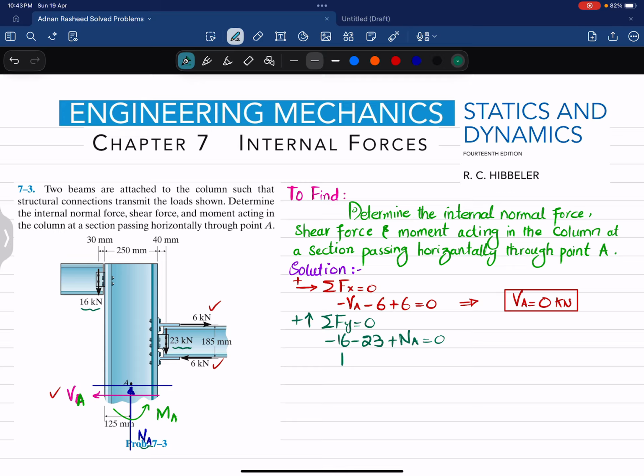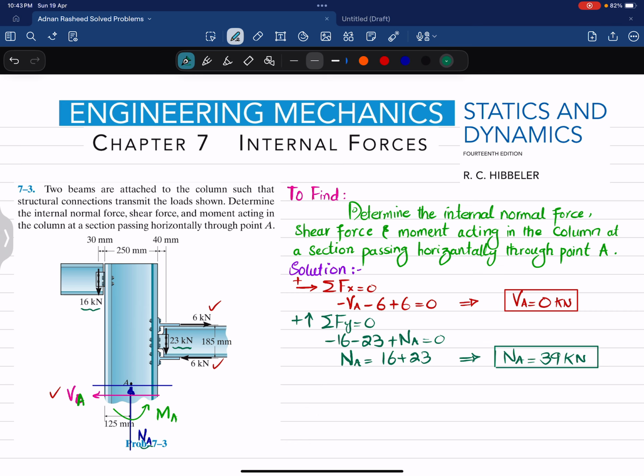From here you get NA = 16 + 23, so NA is equal to 39 kilonewton. Since this is a positive value, it means that our assumed direction of NA is correct.